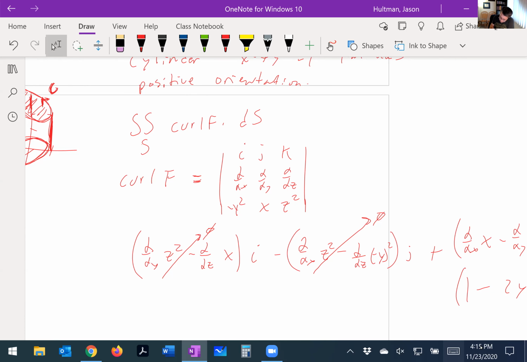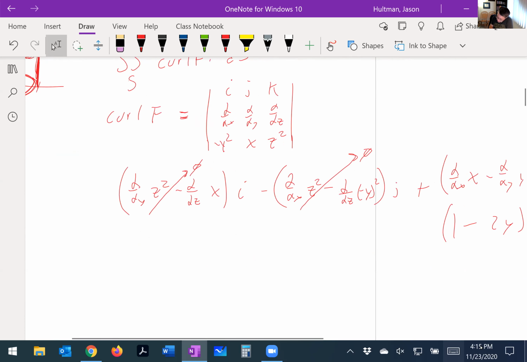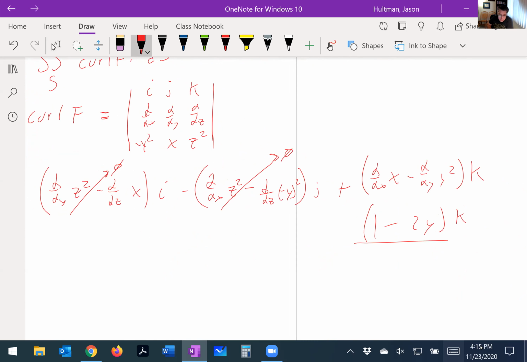Okay, so the curl of F is this thing here. Let me make sure I'm using this correctly.